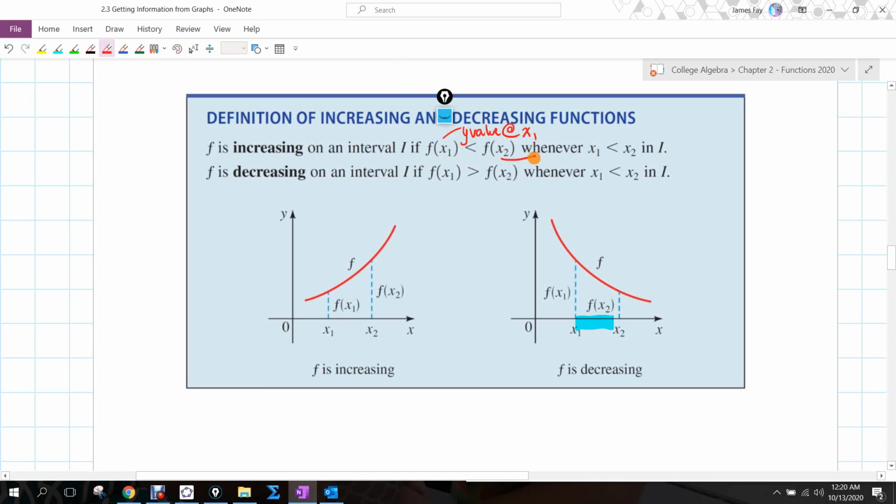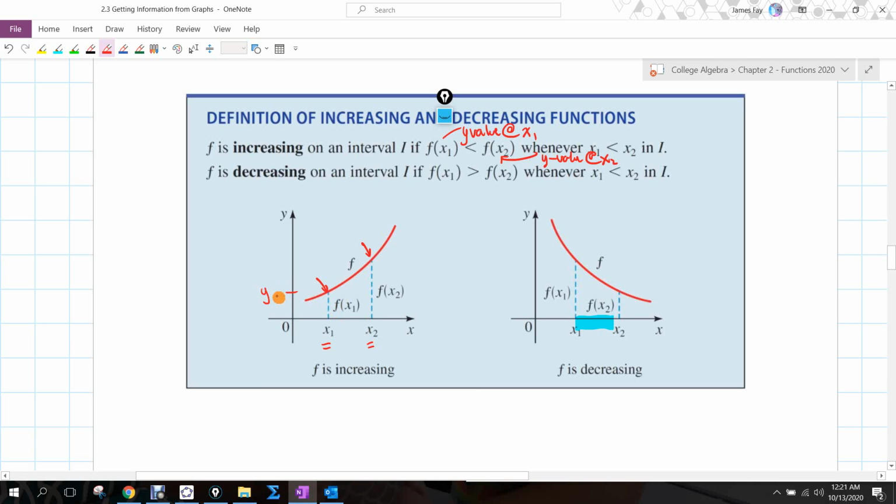Okay, this is a y value at x sub 2. So the argument is you are increasing if the y value at x sub 1, so this y value right there, is below that y value right there when x sub 1 was smaller than x sub 2, meaning this x sub 1 was to the left of x sub 2.